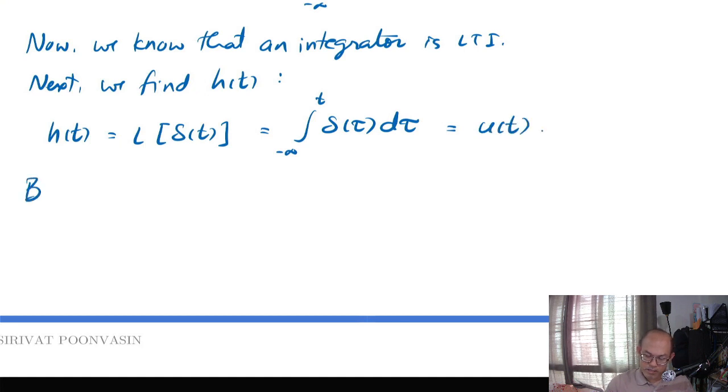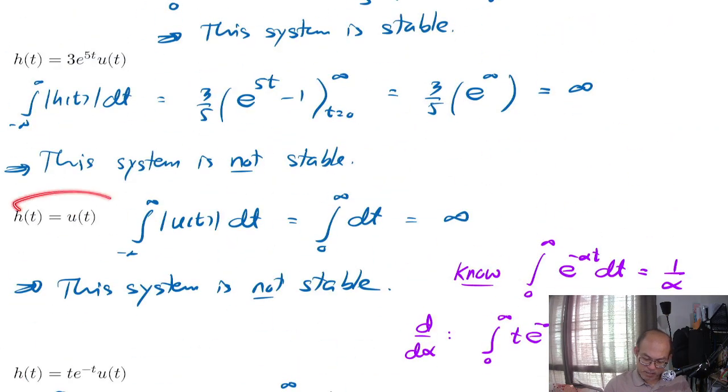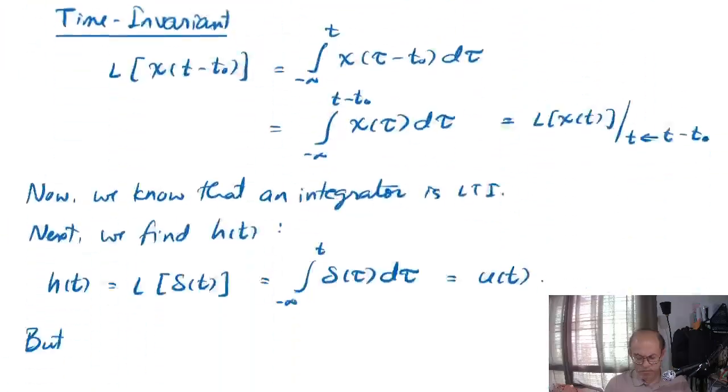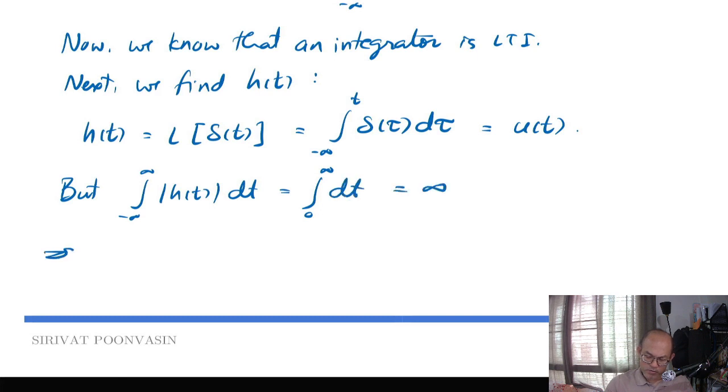But we know from the earlier example that when h is u(t), the system is not BIBO stable, because the integral of h(t) dt from 0 to infinity is not finite. So an integrator is not BIBO stable.